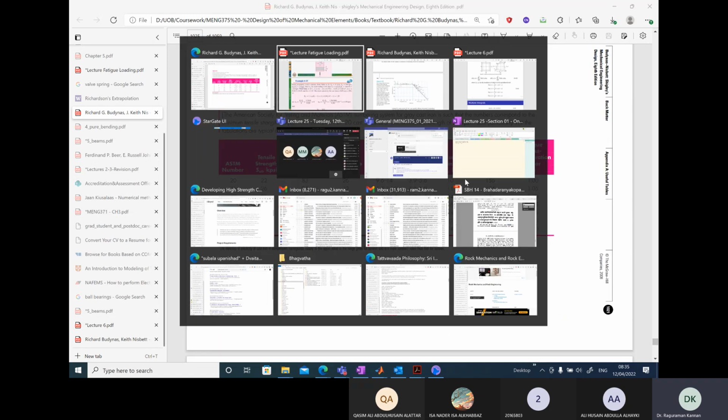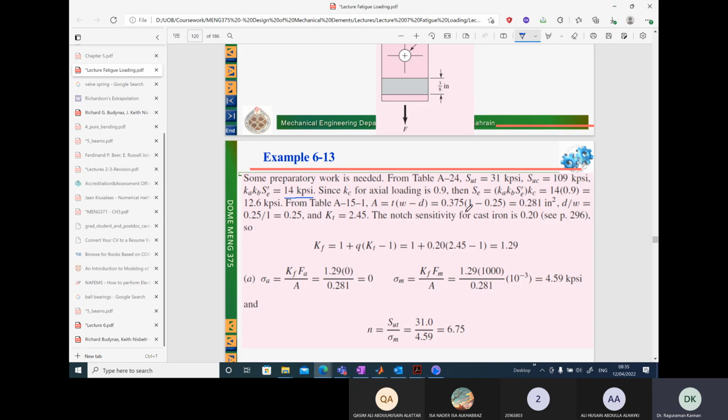Usually, what have they mentioned here? Here we can see Ka and Kb values are already included. Ka is the surface modification factor; in the case of brittle materials, these are already included.